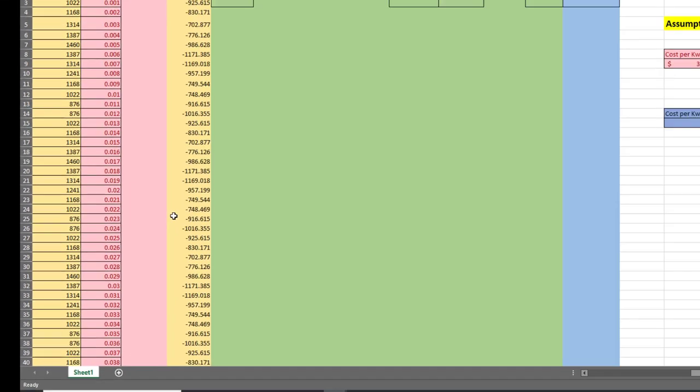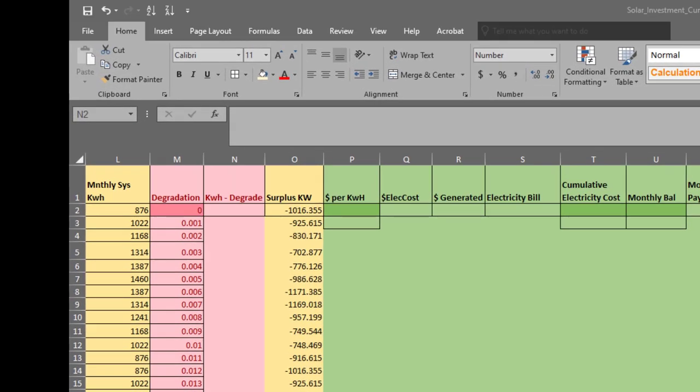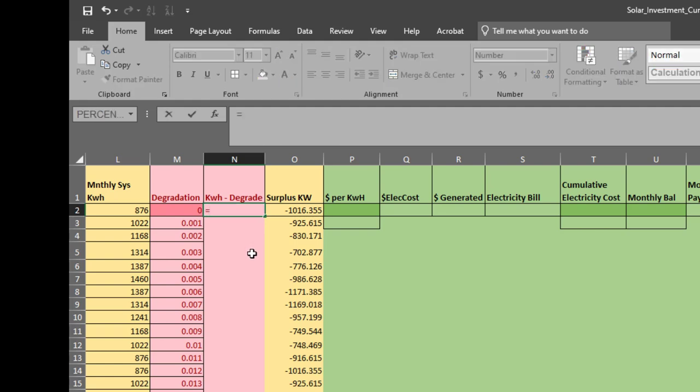And then, of course, the next thing to do is to multiply the monthly system kilowatt hours and subtract the degradation from that over the life of the 20 years in our study. And to do that, place your cursor here in cell N2, and you will have the total amount at peak efficiency subtract from once again the peak efficiency for that month, but then you're going to multiply that peak efficiency by the degradation amount.